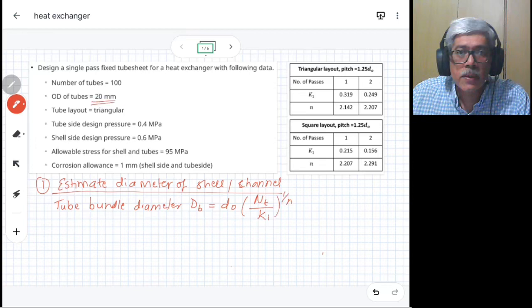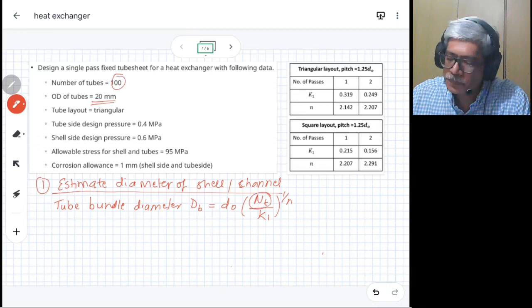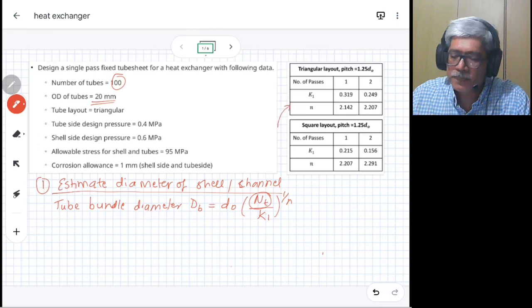Nt is number of tubes which is given as 100. K1 and n are the factors which are defined in this particular table. So we are having a triangular layout and a single pass exchanger, so we can obtain the K1 and n from this particular table.